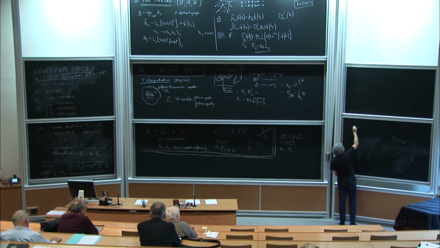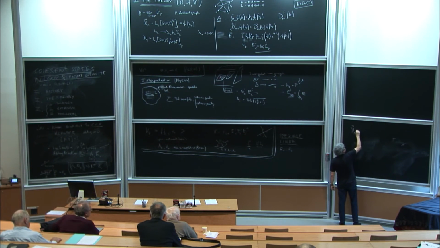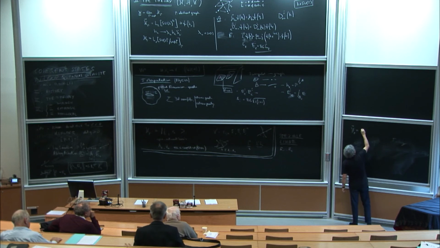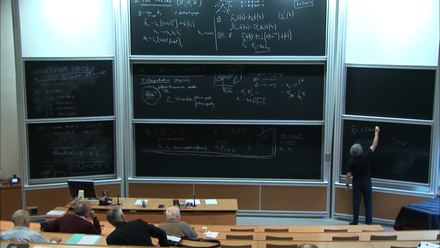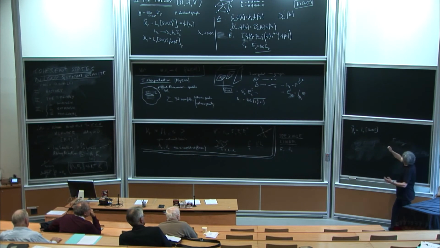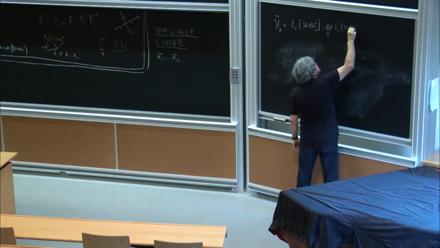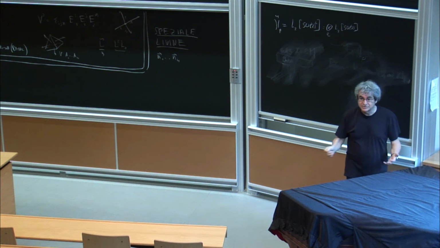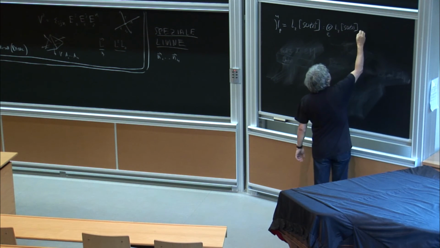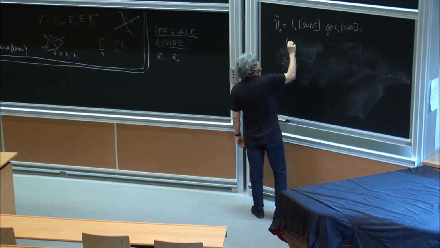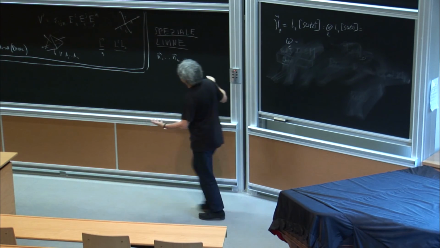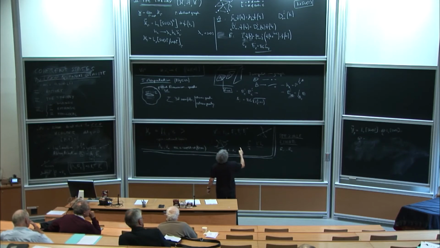So H tilde gamma is L2 of SU2 to the L. So this is obviously the tensor product over L of L2 of SU2. Now, L2 of SU2, this is the Peter-Weyl theorem, the fact that the D variables form a basis.